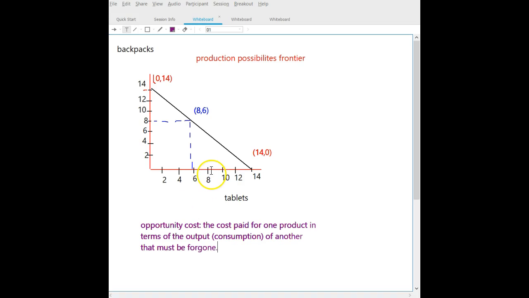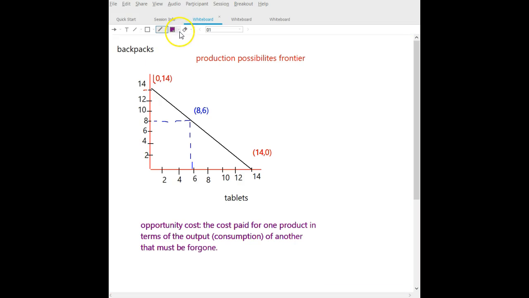Now, production possibilities frontier. When we factor in the opportunity costs, it's usually not a straight line. So you're usually going to see a production possibility frontier that is arching, like an arch.